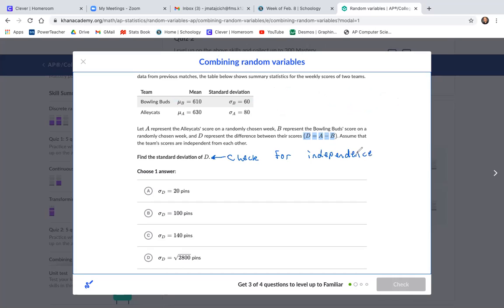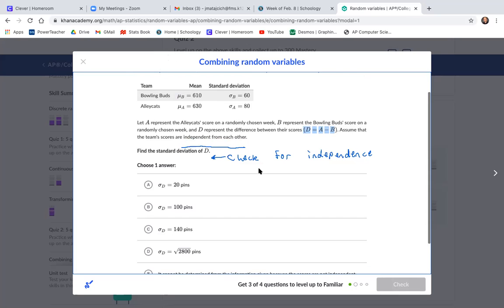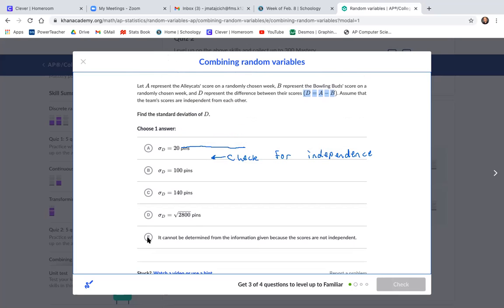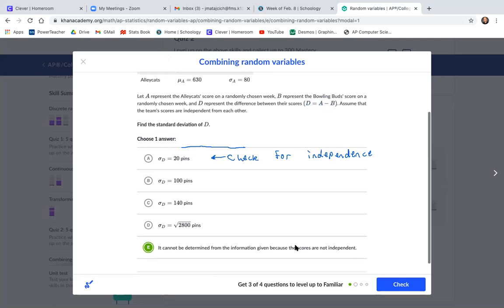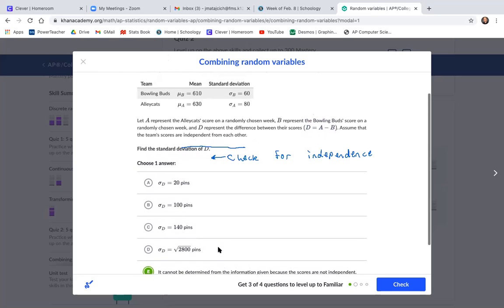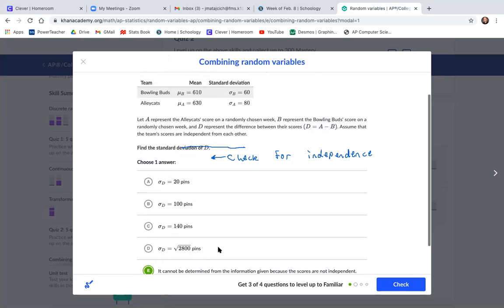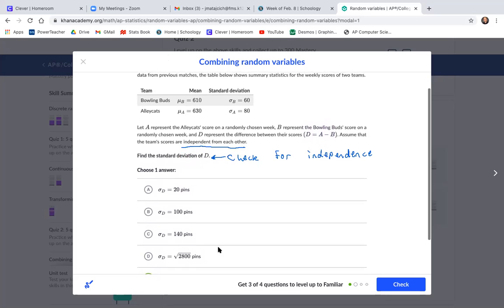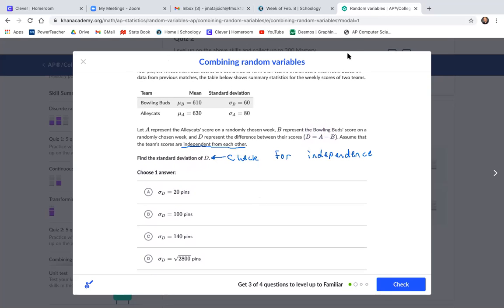It's pretty explicit in this problem: assume that the team scores are independent from each other. If that statement wasn't there, this would be your answer: can't be determined. If we didn't know that these variables were independent, then we wouldn't be able to calculate the combined standard deviation. Again, for the mean, it doesn't really matter, but for the standard deviation, it does.